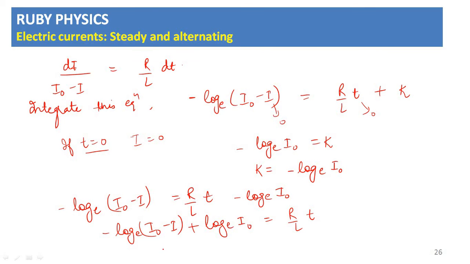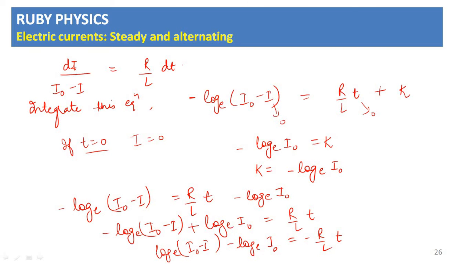This I can also write in the form of log_e(I₀ - I), by taking minus common, minus log_e I₀ and minus R by L into t.